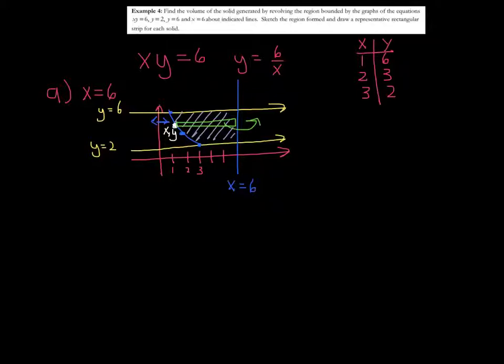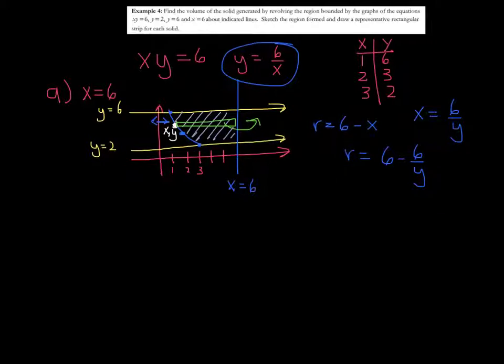So our radius is 6 minus x. That lets us know that we need to solve this equation for x. That's just going to be x equals 6 over y. So our radius in terms of y is 6 minus 6 over y.